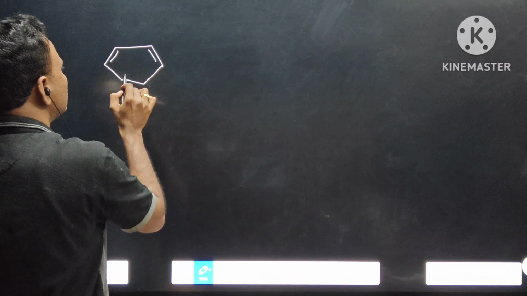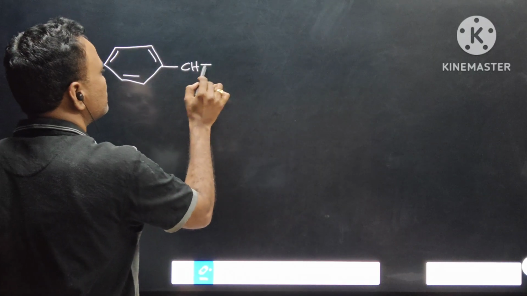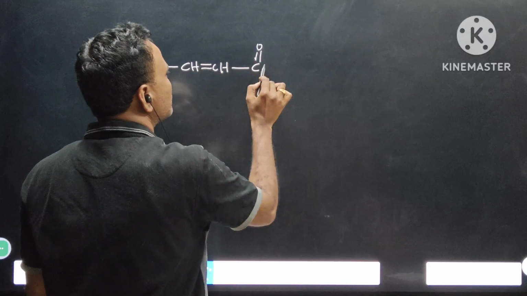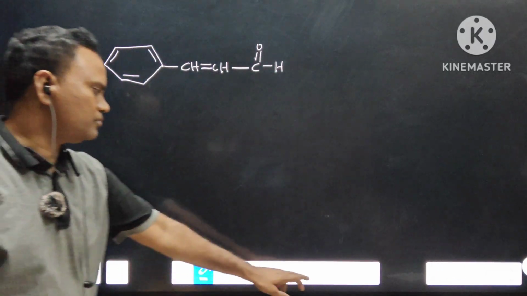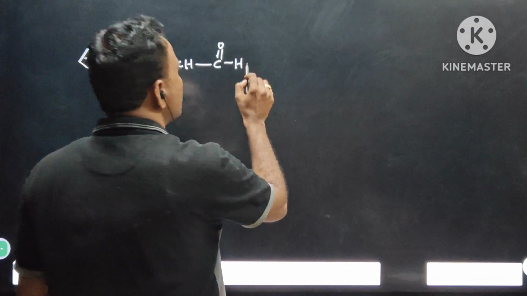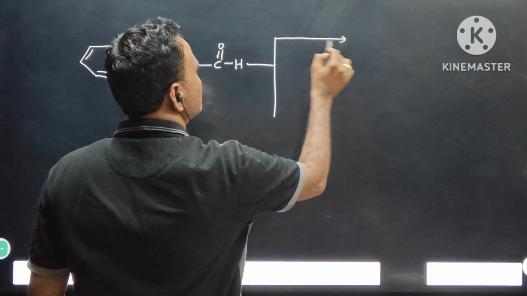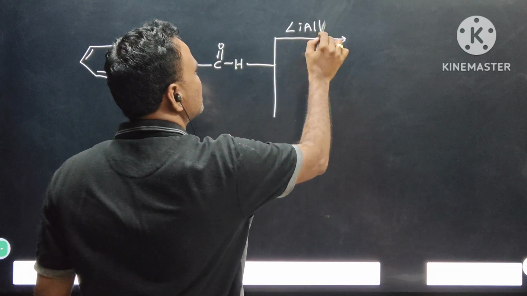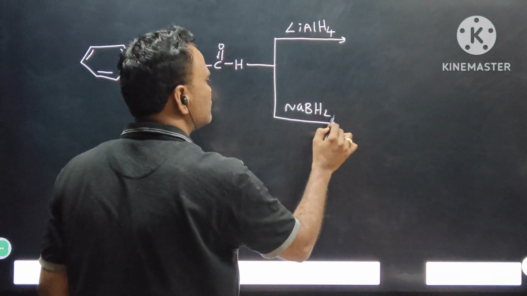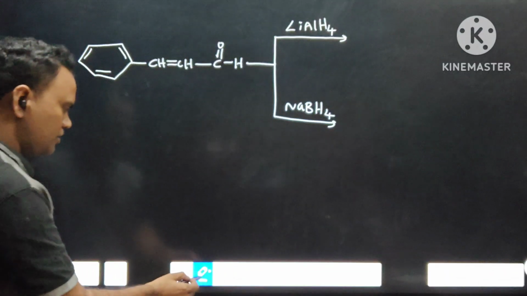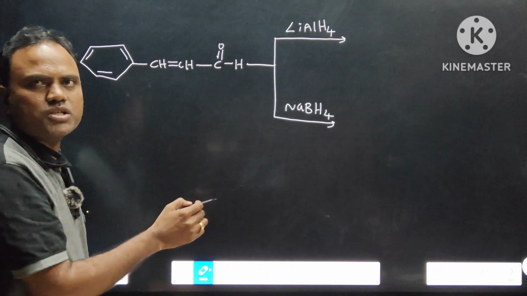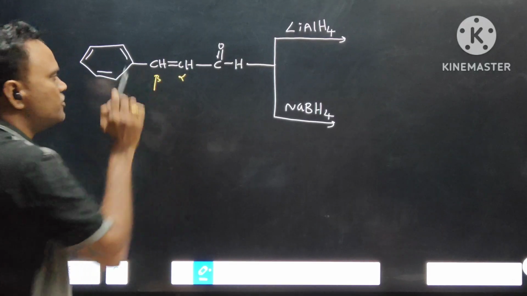What is the second note? Can you read the second note? Reduced by LiAlH4. See, this is also called beta aryl. Why is it called beta aryl? Look at this. This is the functional group, CHO functional group, alpha position, beta position.